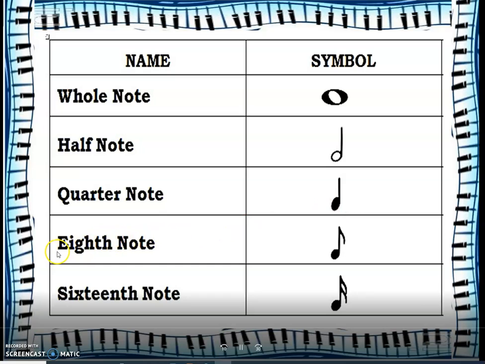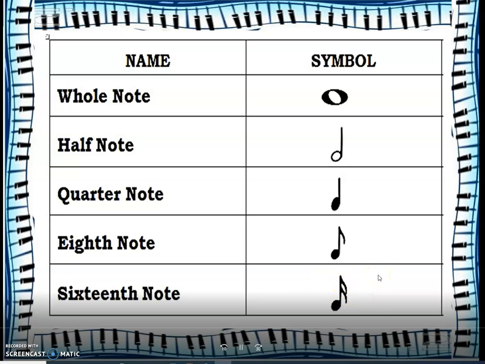Next is the eighth note. Eighth note has a note head, a stem, a shade, and one flag. And the last one is the 16th note, which has a note head, a stem, a shade, and two flags.